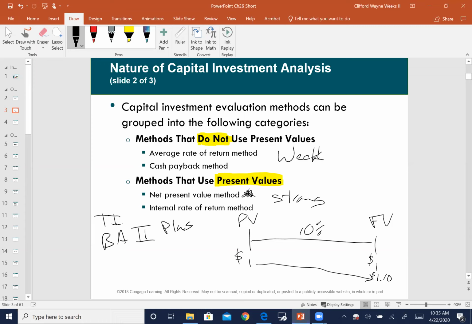You generally can find them for about $25 on Amazon, or I actually got mine, I think, for $23 at Walmart. All right. But the Texas Instruments BA2 Plus, it's a very powerful business calculator. And yes, I allow it, because I tell you that there are calculators I don't allow on exams. This one I do. All right.